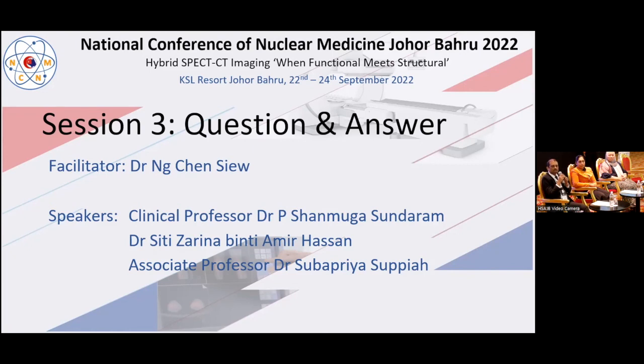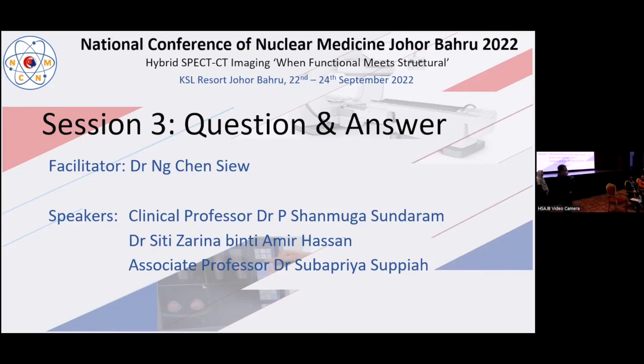In our center in Johor Bahru, we are combining, of course, independently we have single isotope dual phase study or dual isotope subtraction study. And in our center, we combine the two. What we did is we will do a thyroid parathyroid scan. Then a few minutes later, immediately we inject the sestamibi, followed by a subtraction study.